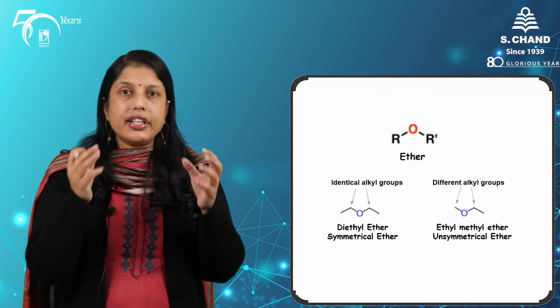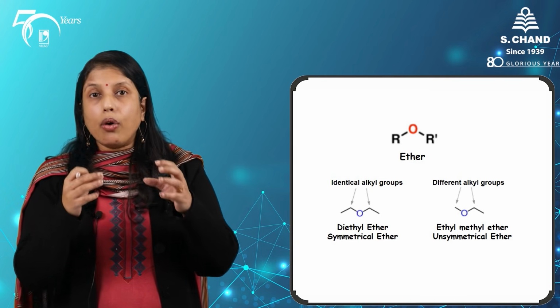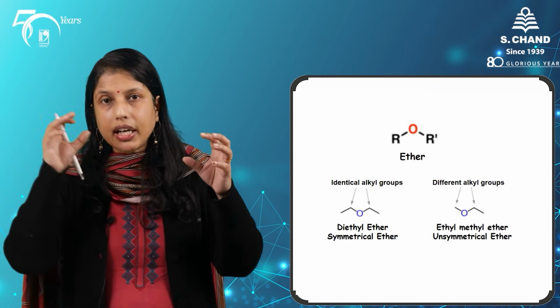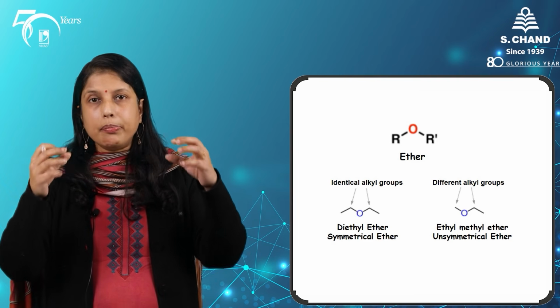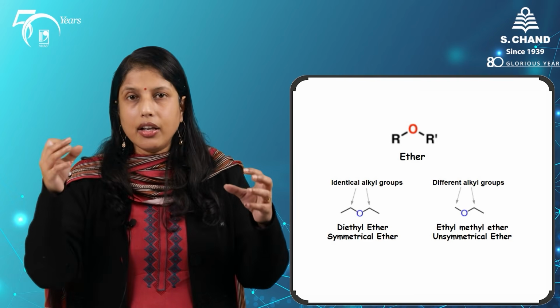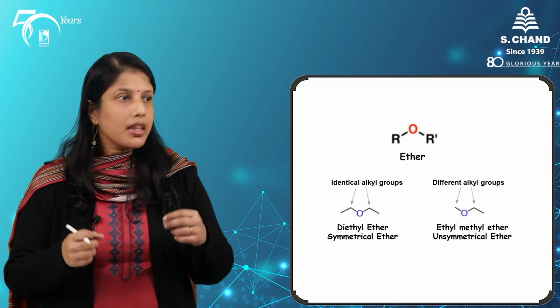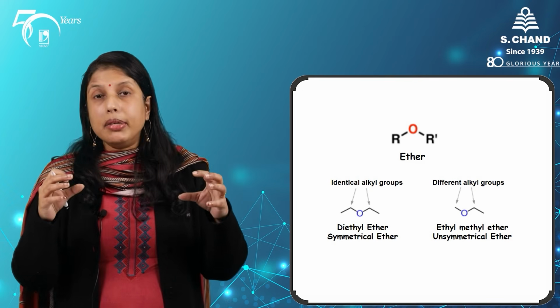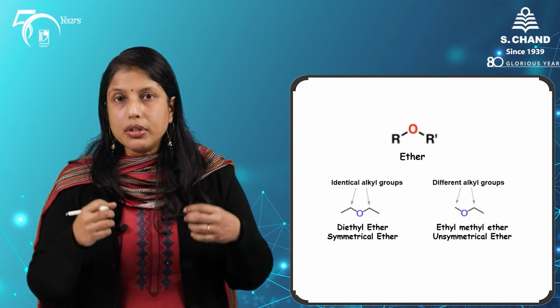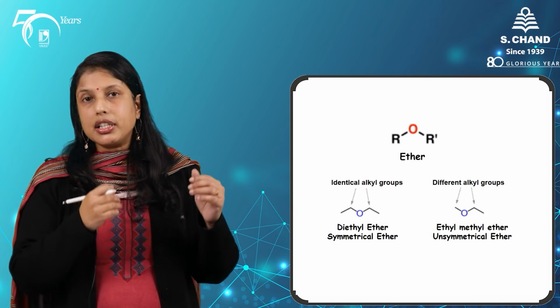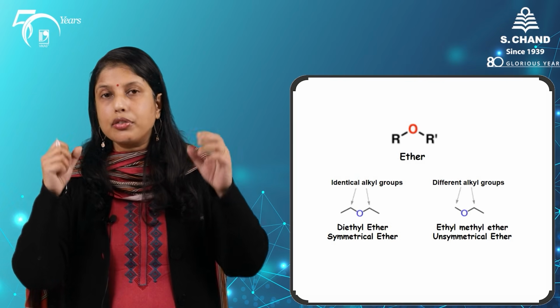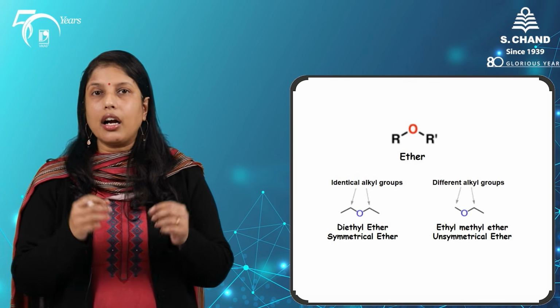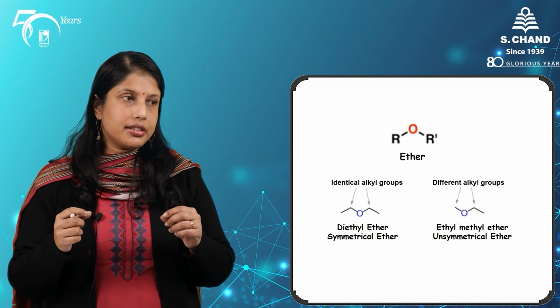You can think of ethers as being a water molecule where both the hydrogens are replaced with the alkyl or aryl groups. If the 2 R groups are similar, then they are known as our symmetrical ethers. If the 2 R groups are different, then they are unsymmetrical ethers.